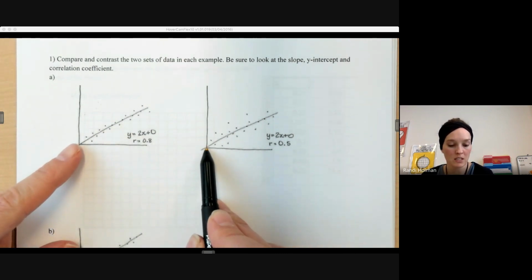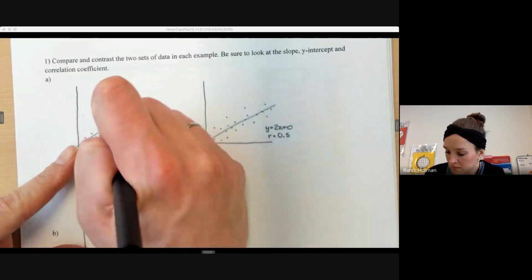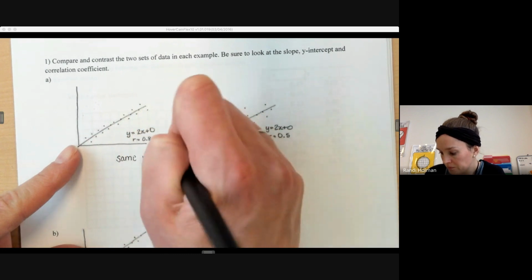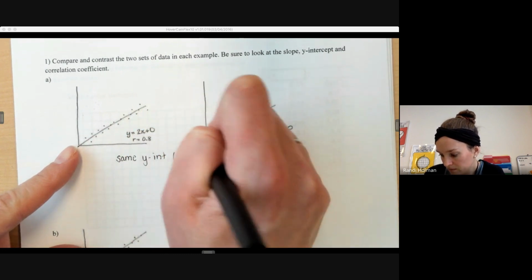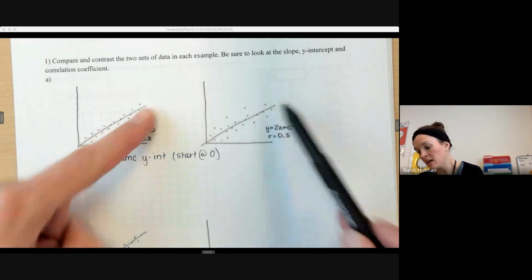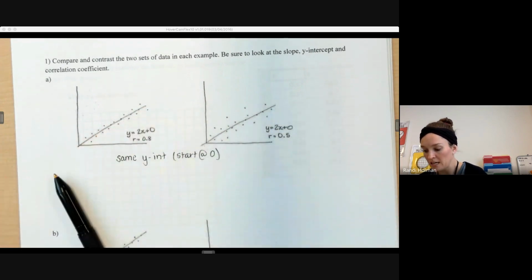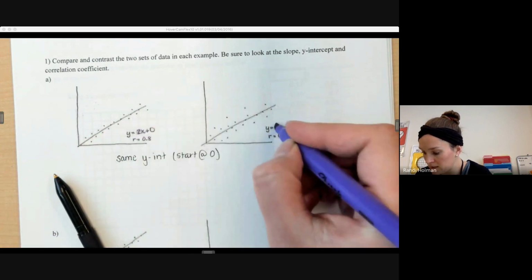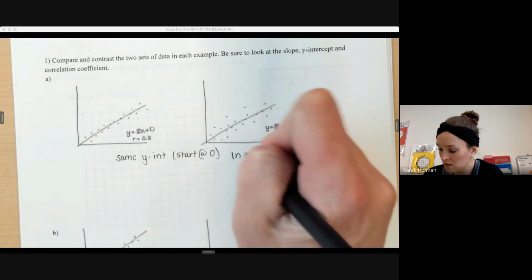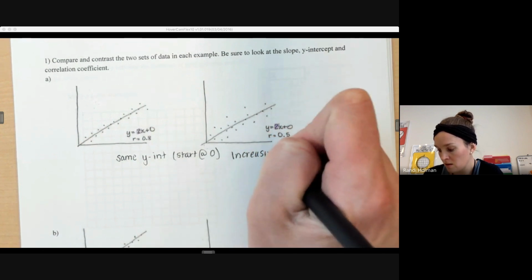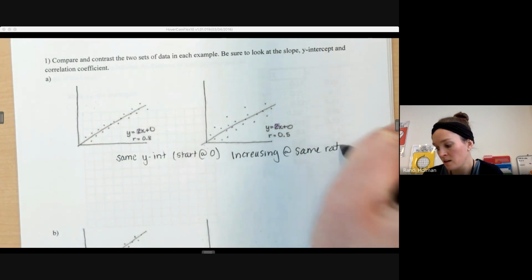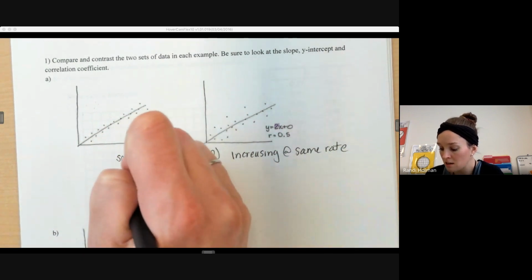That is a good place to compare. They're both increasing, and they're increasing at the same rate, right? So we both have the same slope. We're increasing at the same rate. They both have positive correlation.